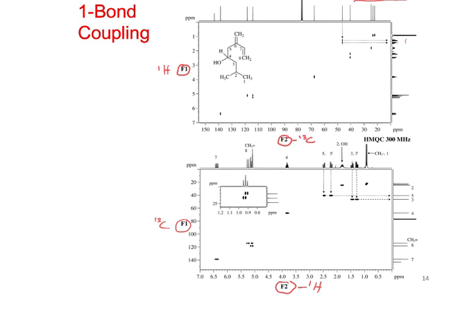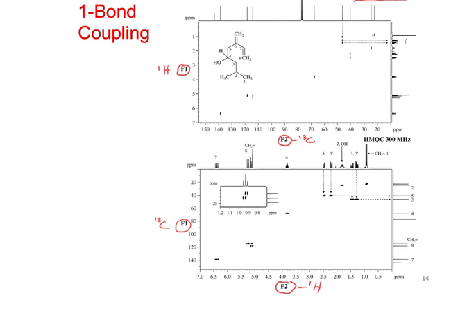So essentially, in these experiments, we just have the proton spectrum on one axis, the C13 spectrum on the other axis, and every peak just shows that one proton here, this proton, is attached to this carbon. That's nice.